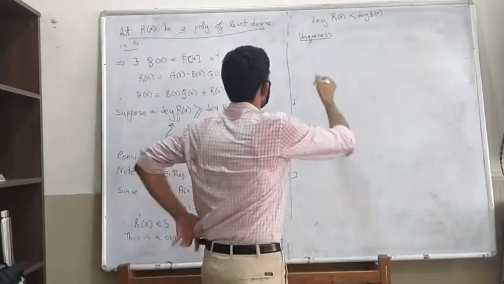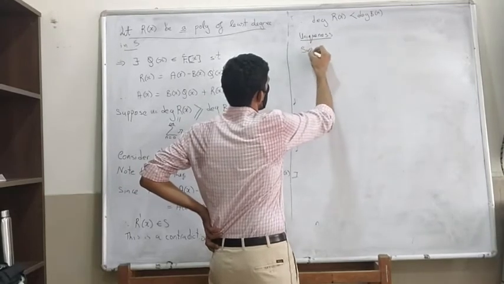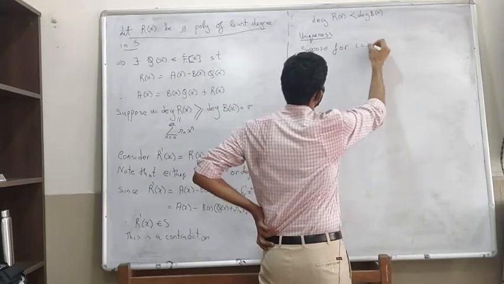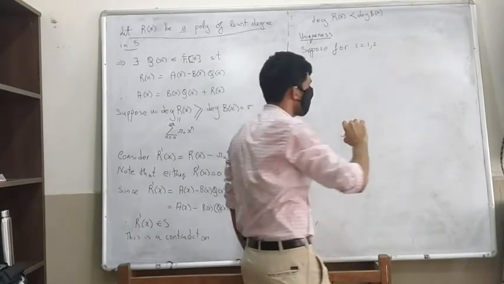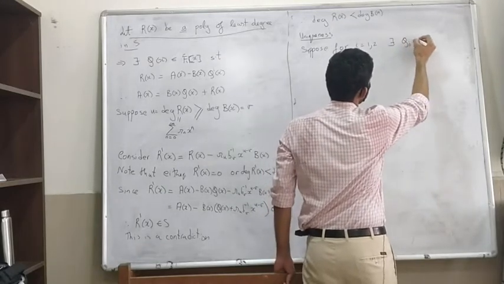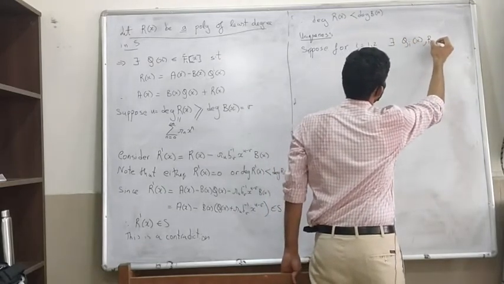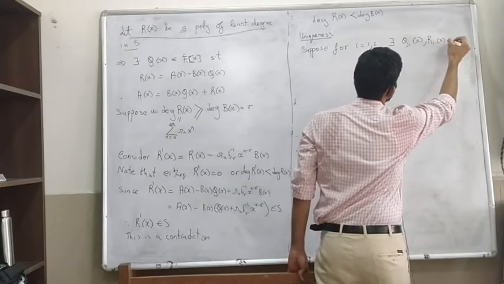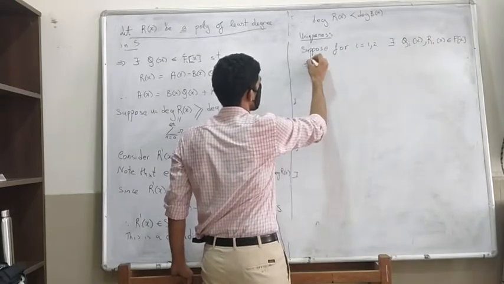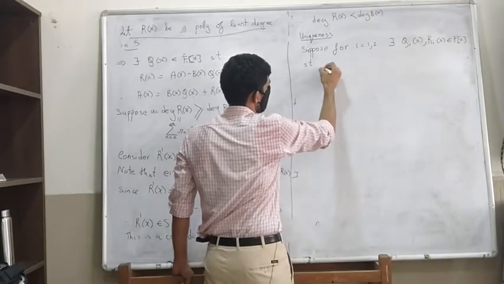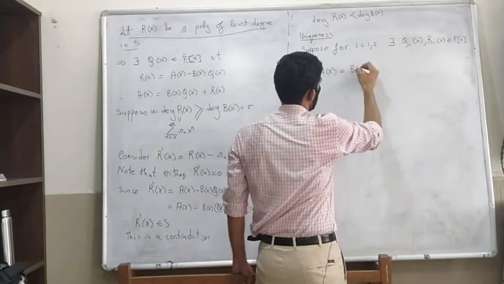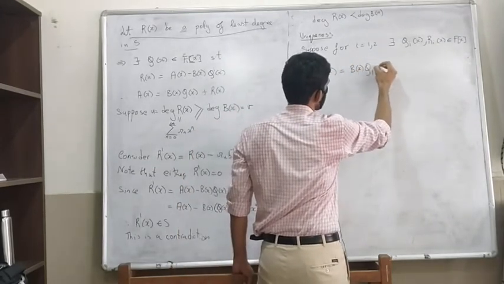So suppose for i equals 1, 2, okay, that's just writing in shortcut, there exist some Qi and Ri in F[x] such that you can write a of x equals b of x times Qi of x plus Ri of x.